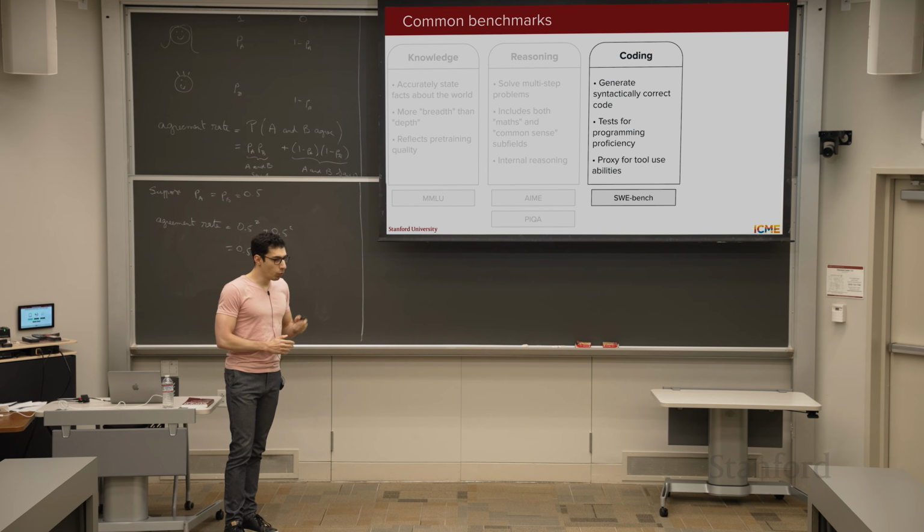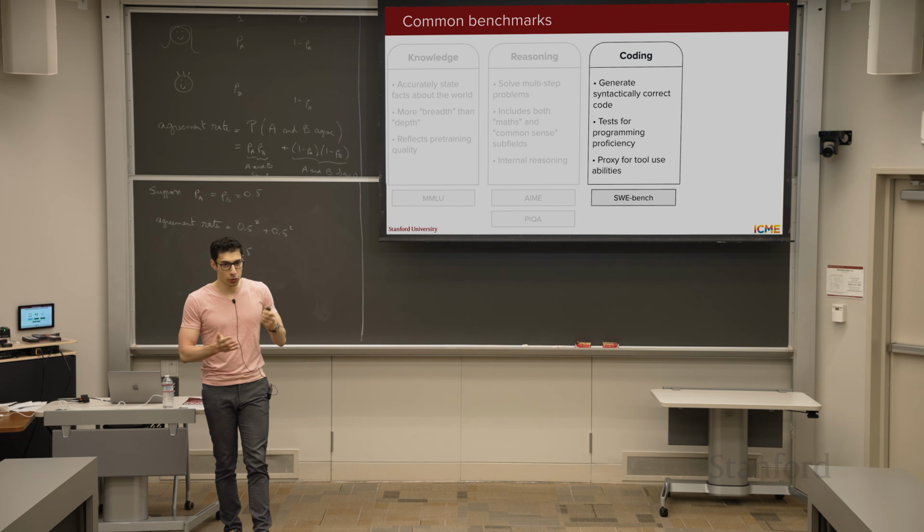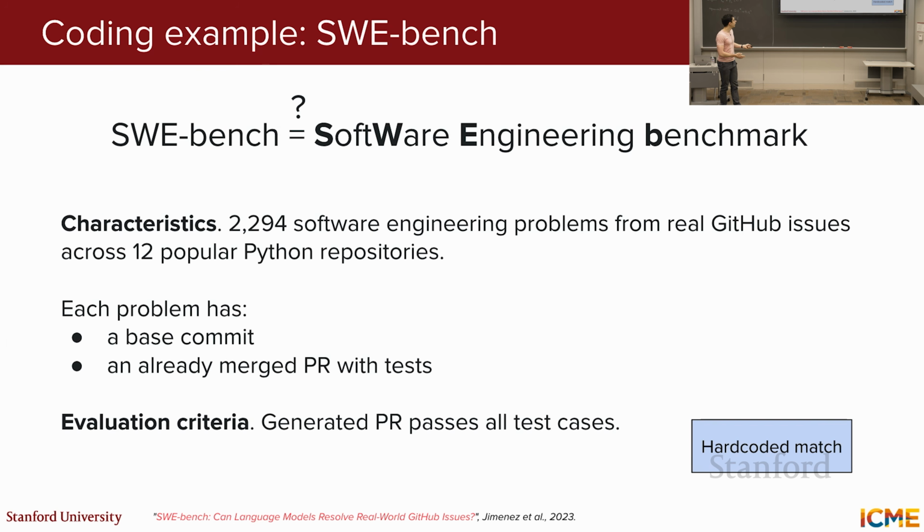Yeah, and then one example of such a benchmark is SWE-bench. So I put a question mark here because they didn't define exactly what the acronym meant, but it likely meant software engineering benchmark. SWE is oftentimes the acronym for software engineering.